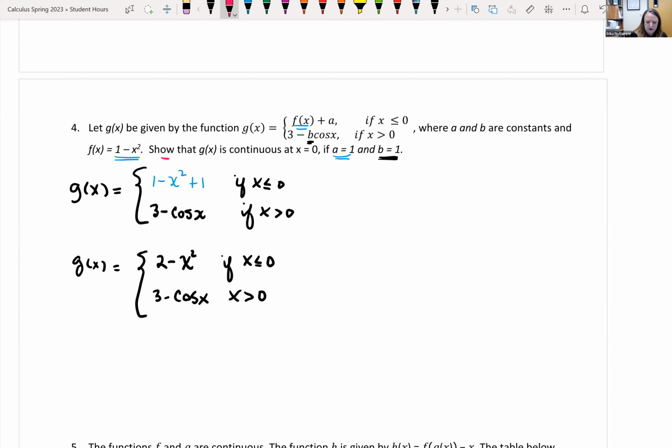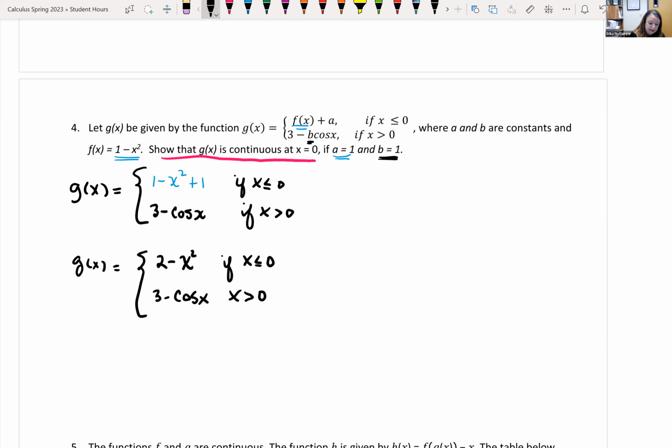So to show that g of x is continuous at x equals 0, well, I know that my function 2 minus x squared, if my domain was all real numbers, that's continuous everywhere. I also know that 3 minus cosine of x is continuous everywhere. But since it's a piecewise function, we're worried about, is it giving me the same limit as I approach the left and the right of where it's changing equations, which in this case is 0.